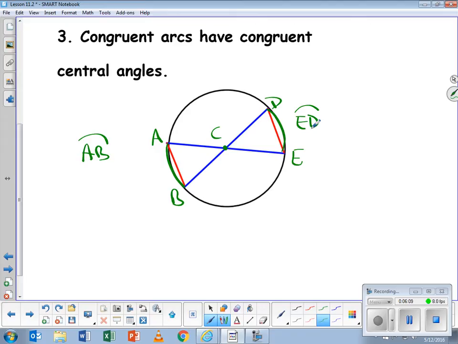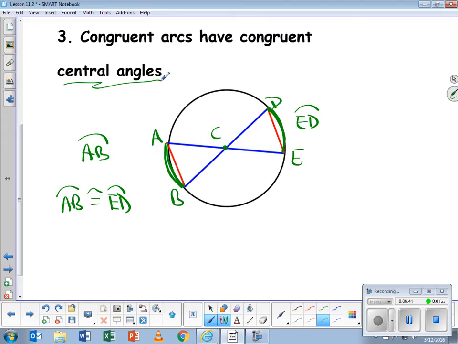So, in this picture, if I knew the arc AB is congruent to arc ED, then that would mean that what? Okay, so can you name a central angle? ACB, DC. Good.